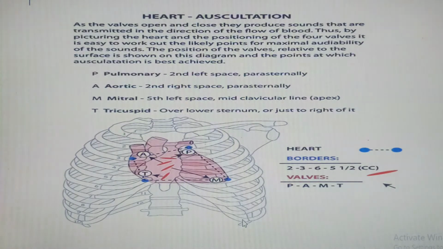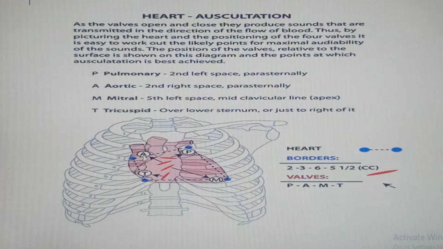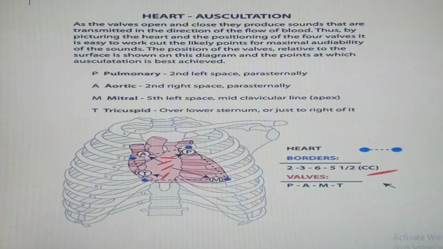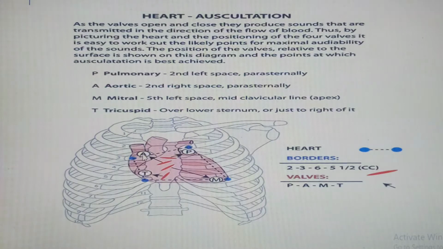Now, there is one valve over here, and this is the aortic valve, or what we call the aortic semilunar valve, or the left semilunar valve. Although we are calling it the left, look at where it is actually located. It's located in the right second intercostal space.